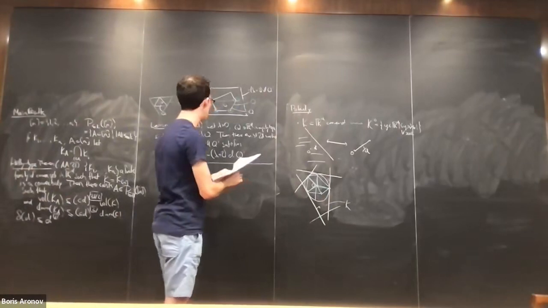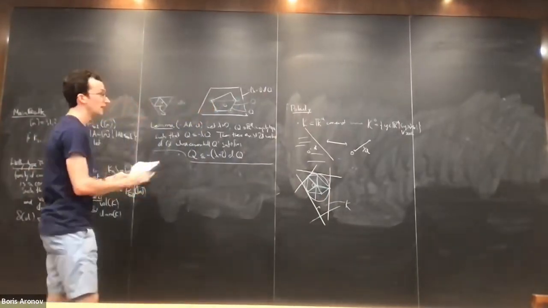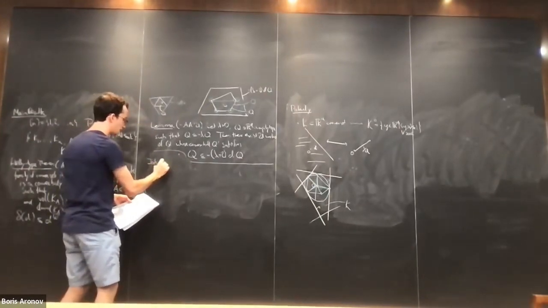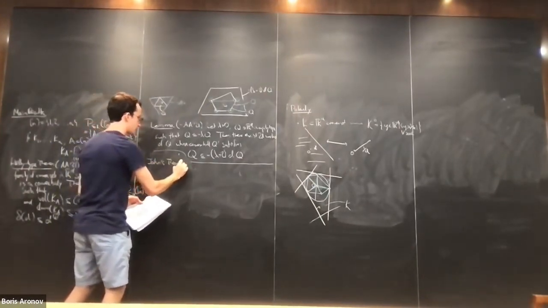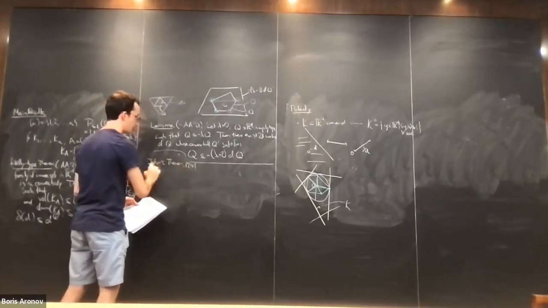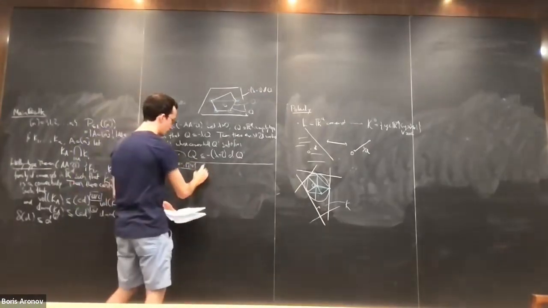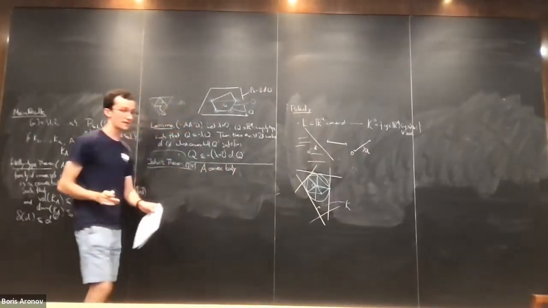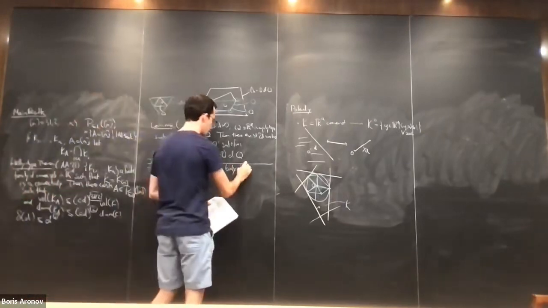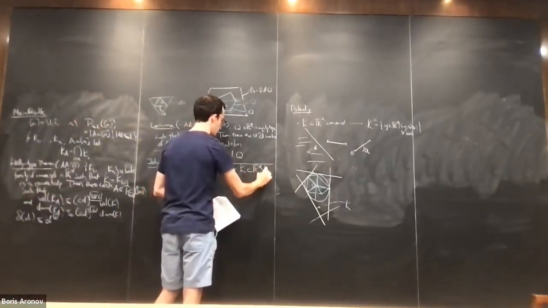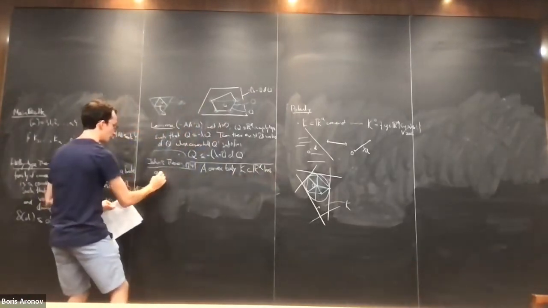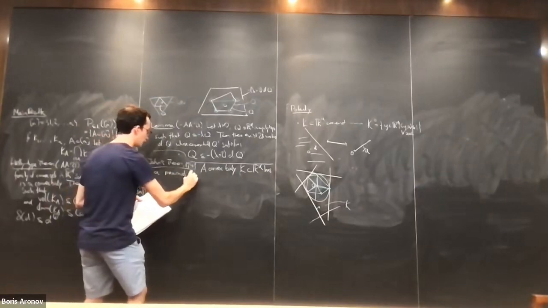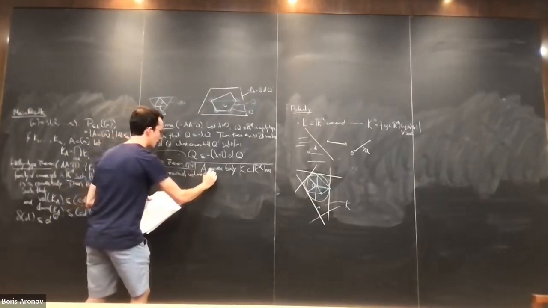So that's that. And one other fact we'll need is called John's theorem, from 1948. It says that a convex body, so a convex compact set K in R^d, has a maximal volume ellipsoid E inside it.